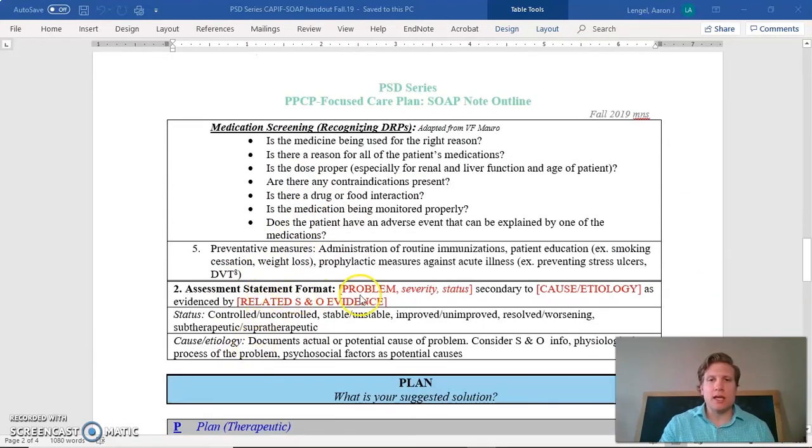So what is the problem? What is the severity? What is the status? For example, uncontrolled diabetes, secondary to lifestyle, suboptimal medication, or a drug-related problem such as not taking medication appropriately, adherence, whatever that would be, as evidenced by, and then those things from the S&O that support that assessment.